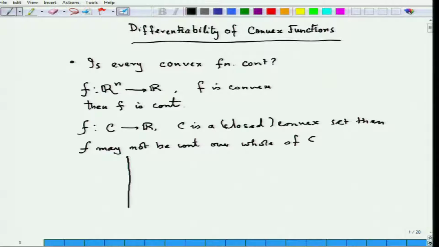Let us take this C as 0 to plus infinity in the real line, and I define a function like this.